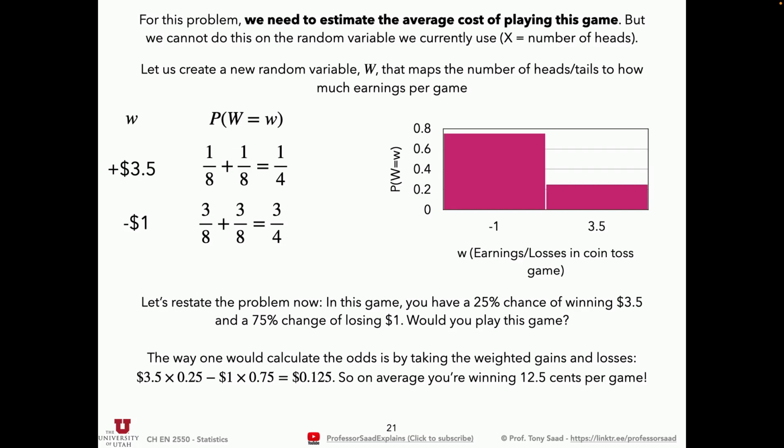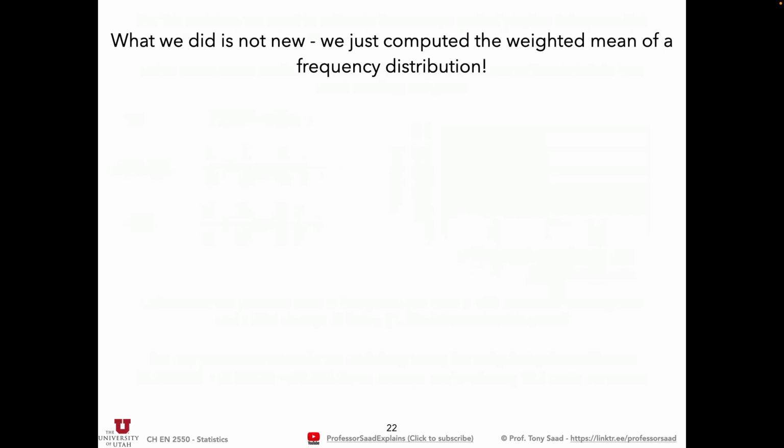Now, what we just did is nothing more than a weighted average, a weighted mean, which we know how to do, which we did with the tables. We're just going to formalize it now, because now I have a random variable and a probability distribution. So we're going to start talking about probability distributions and what the weighted mean means for a probability distribution.